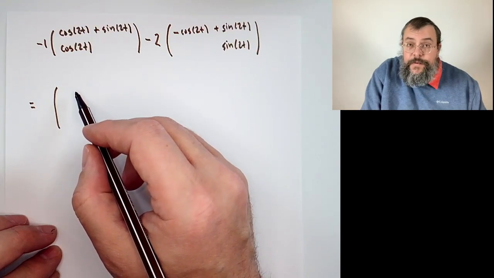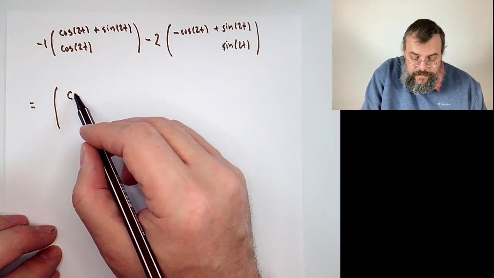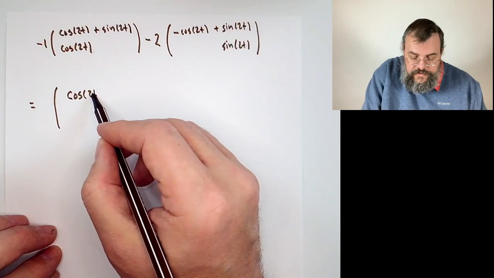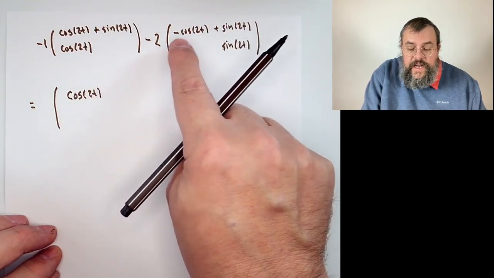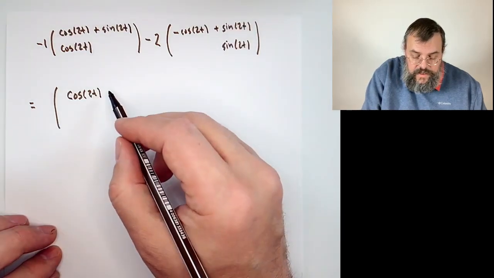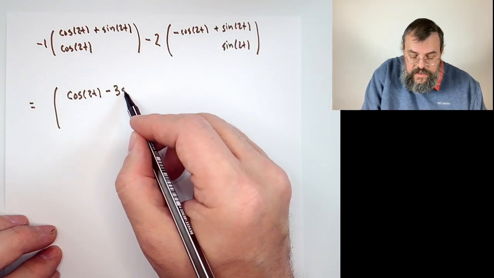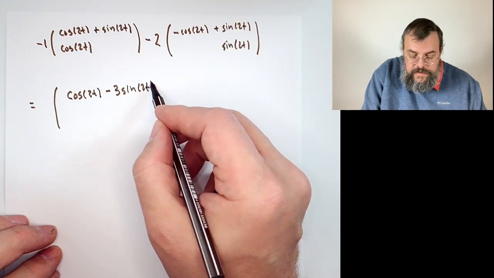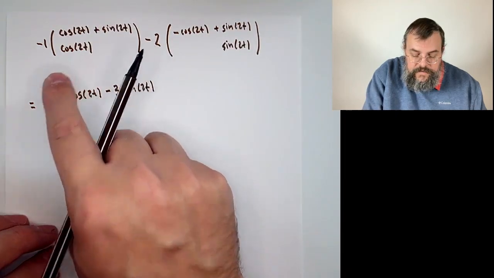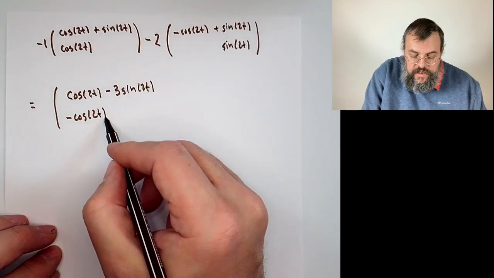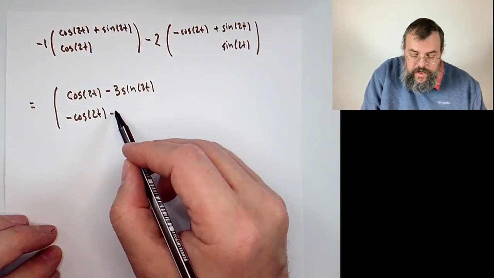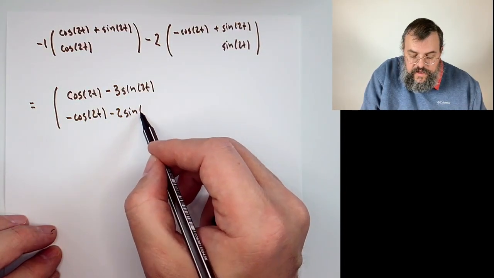So minus 1 plus 2 leaves us with a cosine of 2t. A minus sine 2t minus 2 sine 2t leaves us with a minus 3 sine of 2t. Downstairs we have minus cosine 2t and minus 2 sine of 2t.